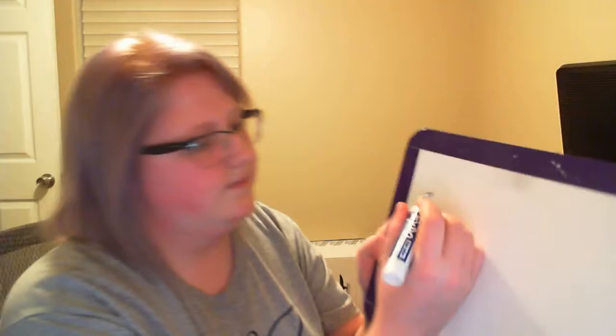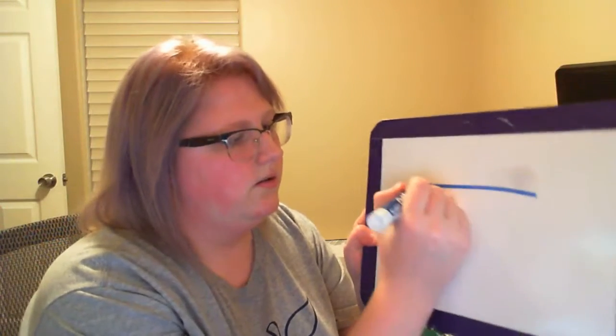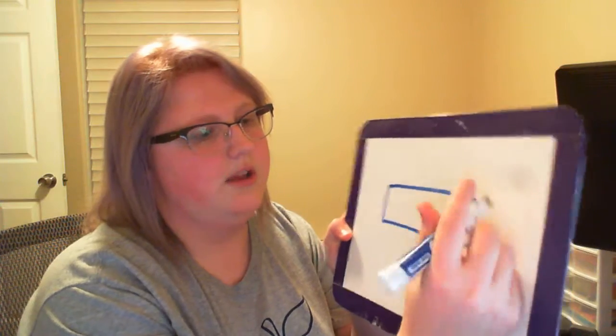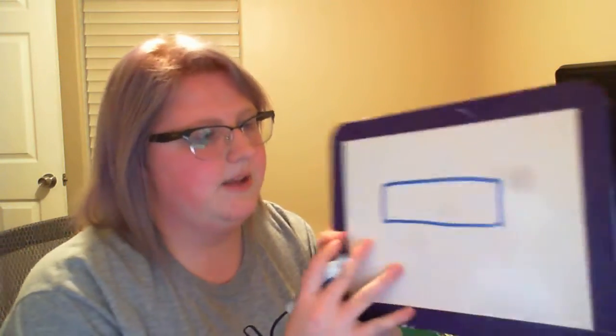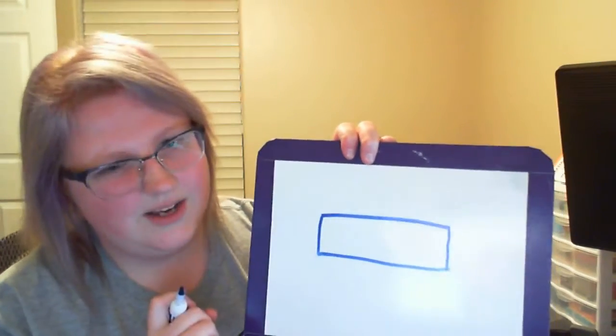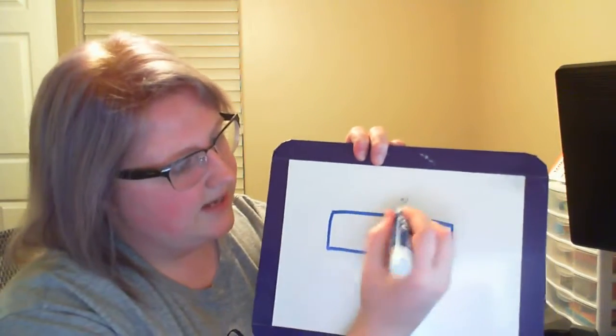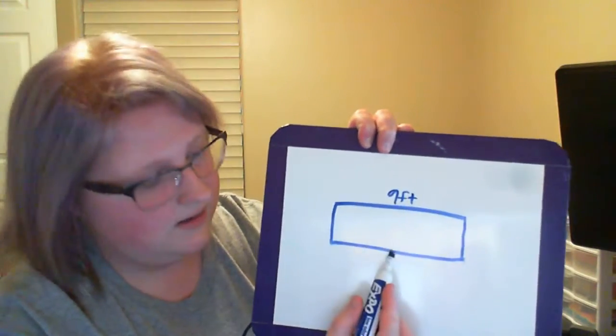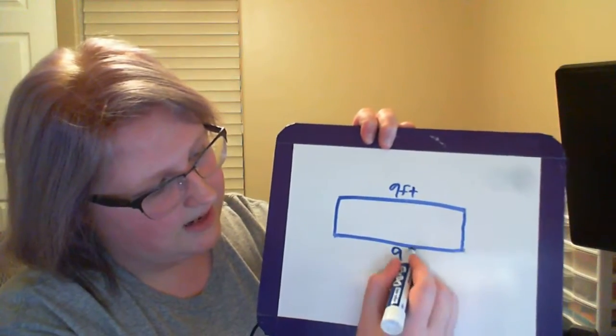Alright, so let's take a look at this chicken coop that they built. And let's see if they used up all of their fence. Now, maybe you knew what the word narrow meant, maybe you did not. Narrow means that it's long, but it's not very wide. Okay? They said that this side was 9 feet, and if this side is 9 feet, then this side also has to be 9 feet.